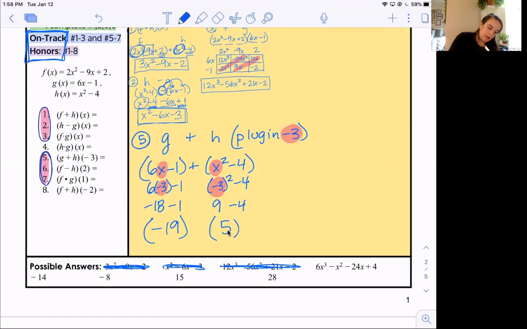And remember that we are adding these two together because we have g plus h. So negative 19 plus 5 would be negative 14 as my answer, which I can see right here, which means that I got the right one.